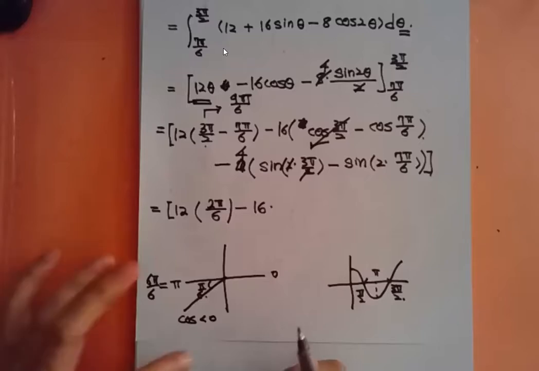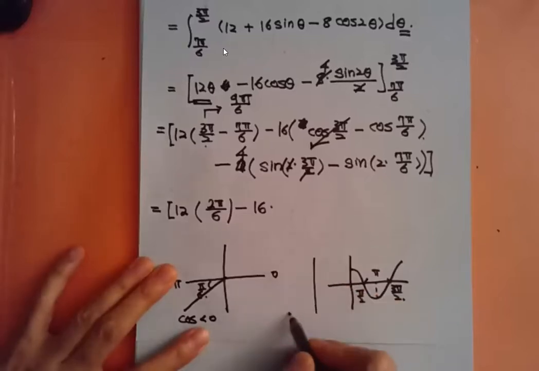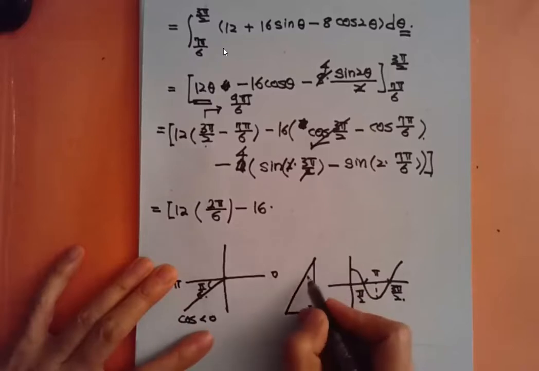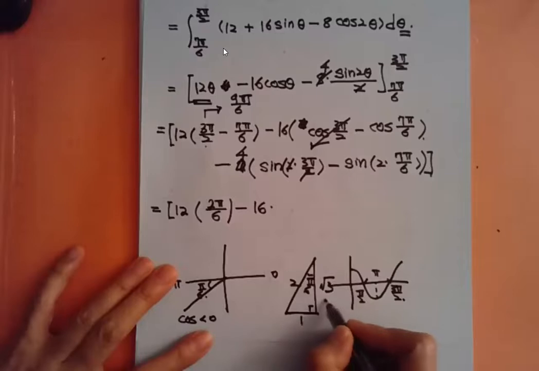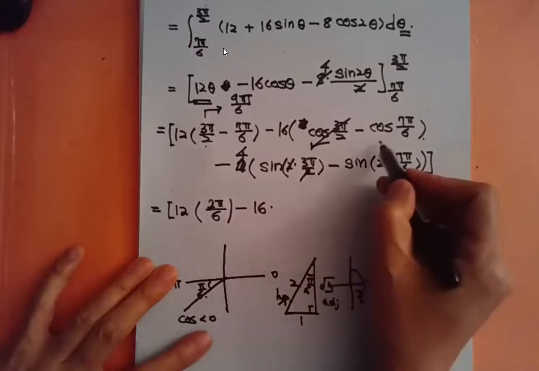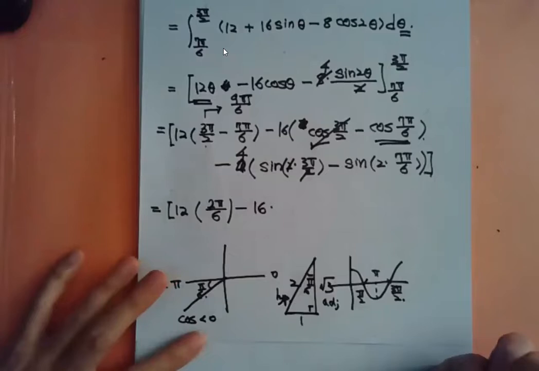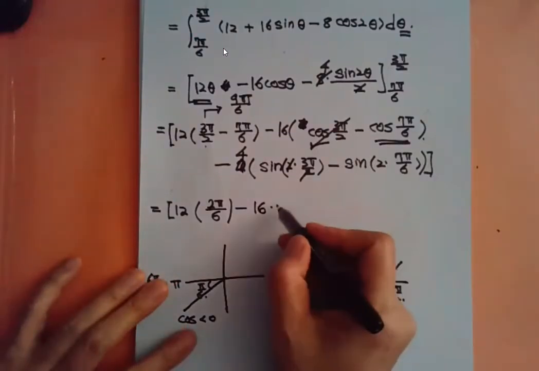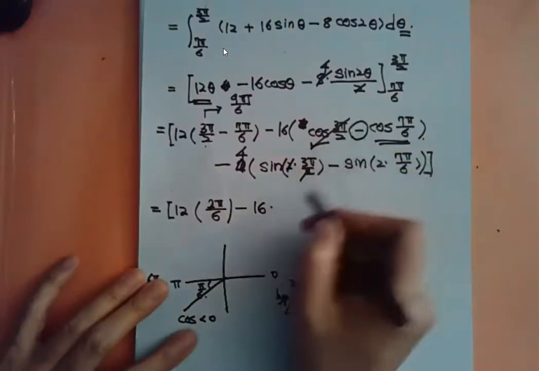So what is that? Reference angle is pi over 6. The 1, 2, square root of 3. This is adjacent. This is hypotenuse. And for this one, here is minus here.